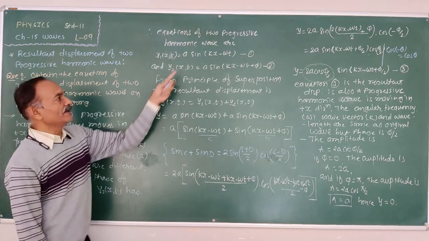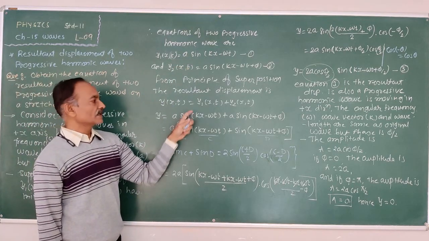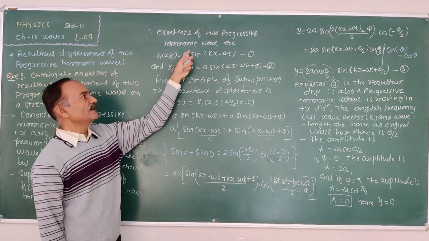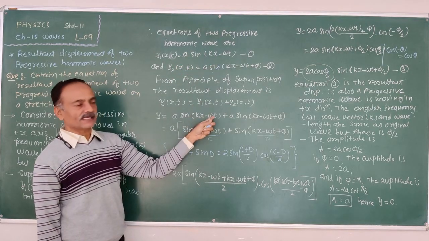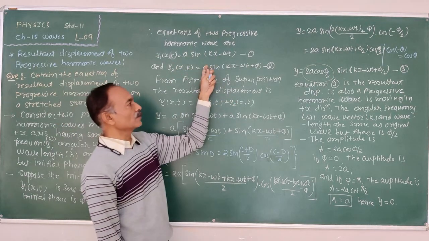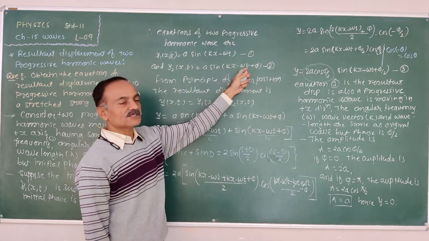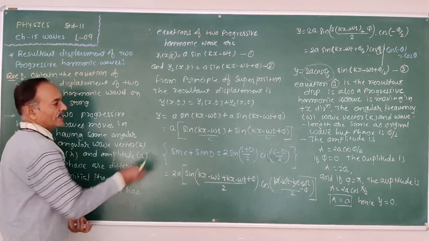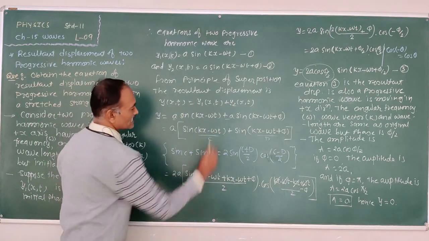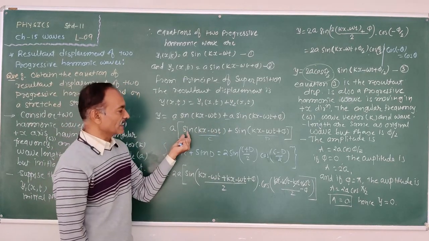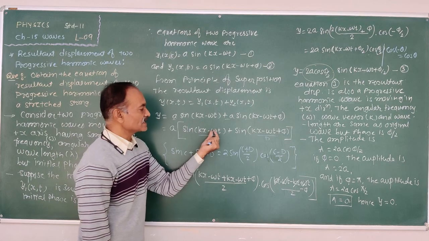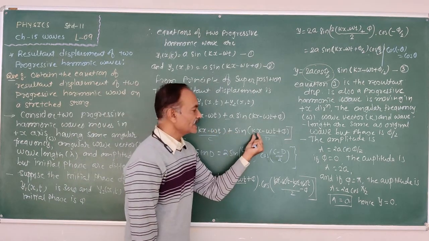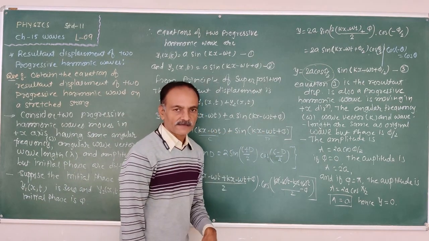We substitute the values of y1 and y2 here. Therefore, y is equal to a sin(kx minus omega t) plus a sin(kx minus omega t plus phi). Now, a is taken common from these two terms. The remaining part is sin(kx minus omega t) plus sin(kx minus omega t plus phi).